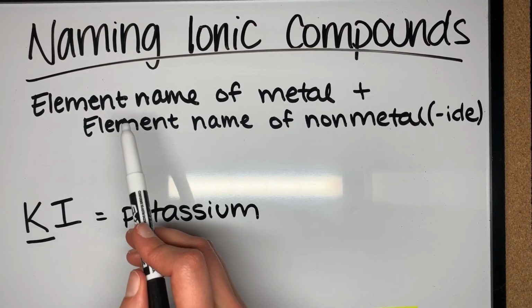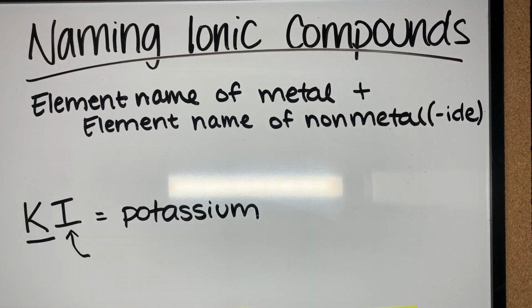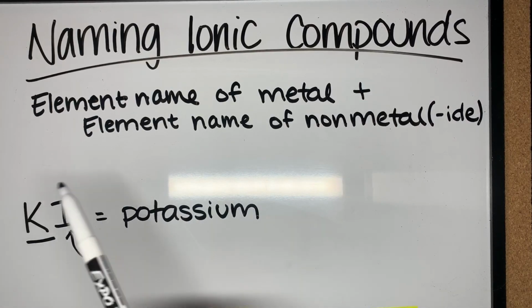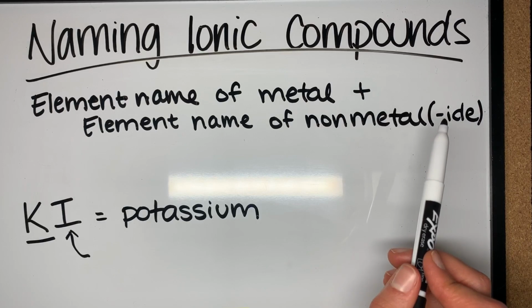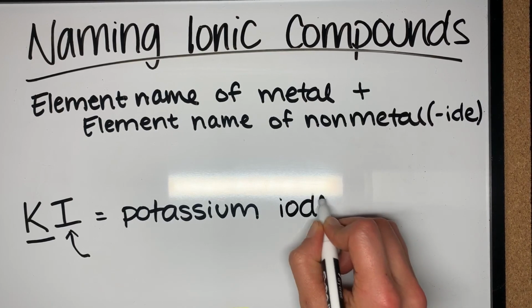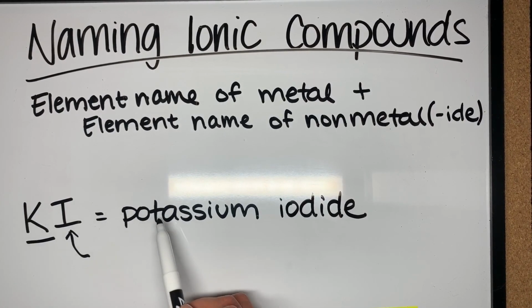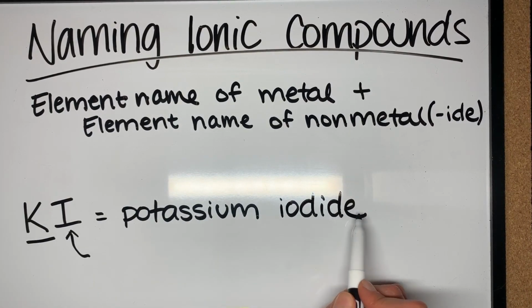And then we are going to write the element name of the nonmetal, which in this case is iodine. But instead of writing iodine, we're going to replace the ending with IDE. So it becomes iodide. So therefore, the name of KI is going to be potassium iodide.